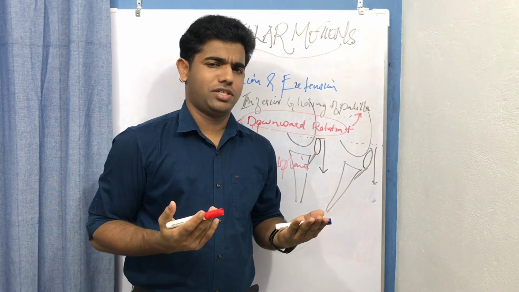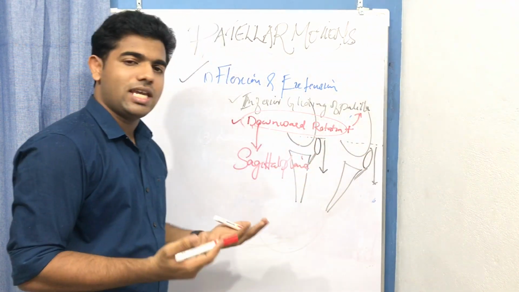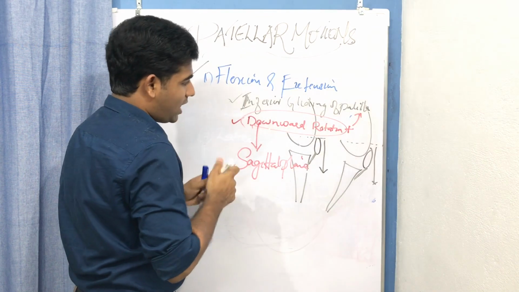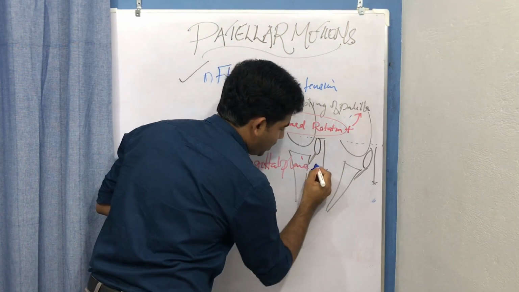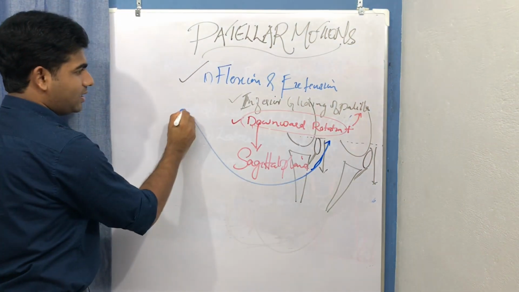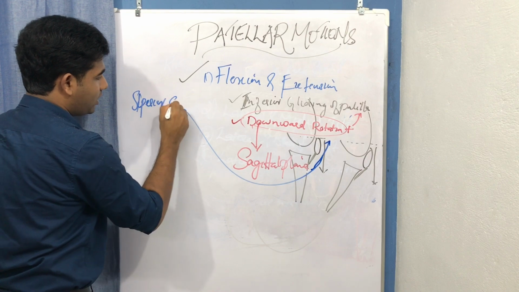If patellar flexion is clear, what can be patellar extension? The exact opposite of this. Here what will happen? The patella will go up. When the patella is going up, what is happening there? Superior glide. Very good.